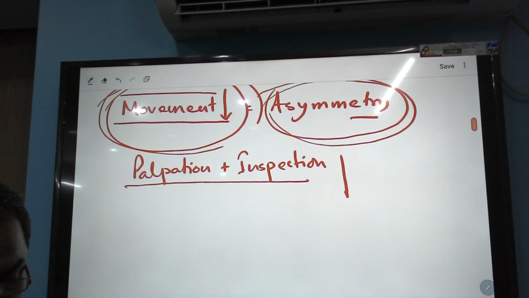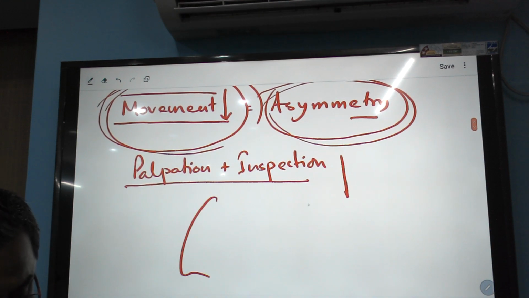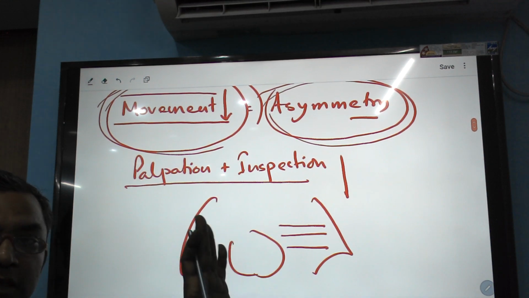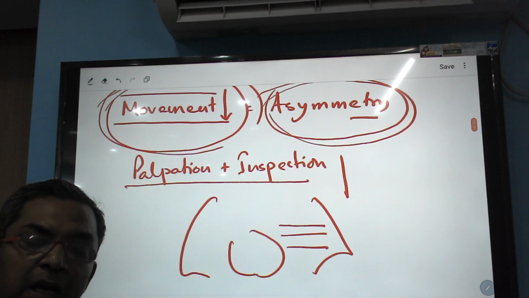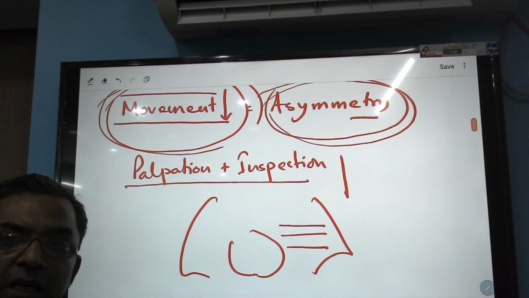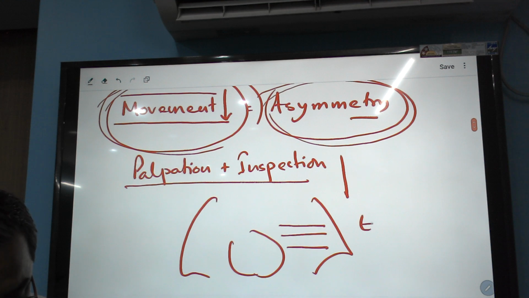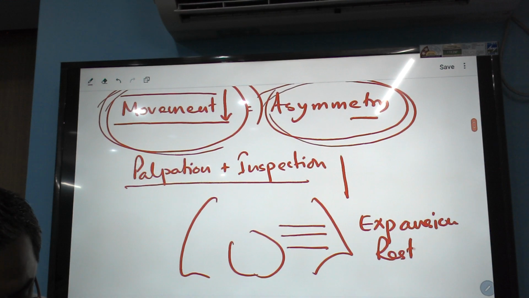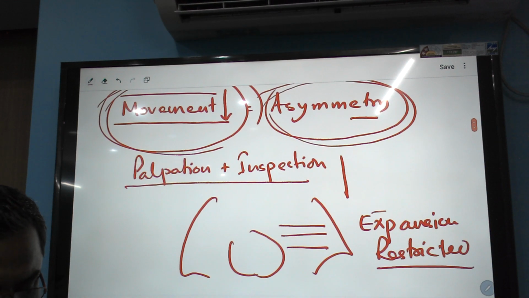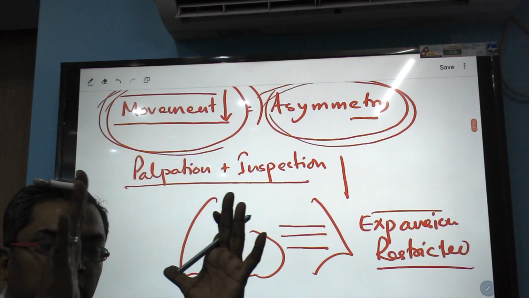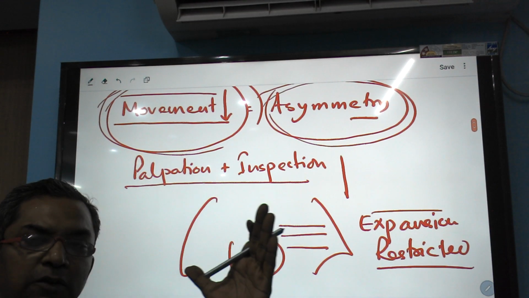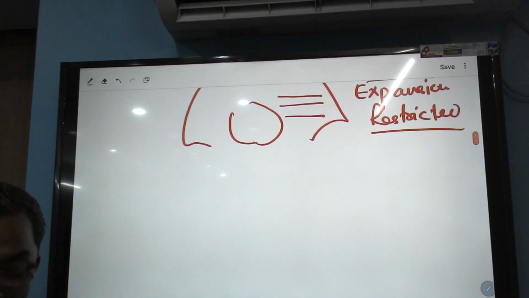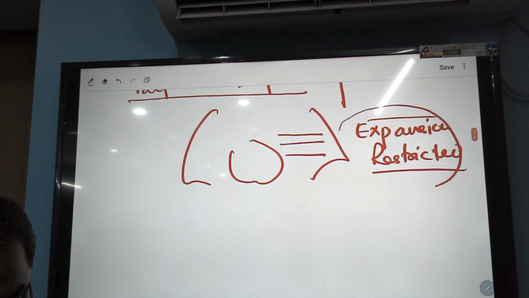The significance of this obviously is যে দিকটা কম মুভ করছে সেই লাংসটা, so যে half of the chest wall is moving less, সেই half of the chest wall এর underneath যে লাংসটা আছে সেই লাংয়ের expansion is restricted. কোনো কারণে লাংসটা properly expand করছে না, and therefore chest wallটার মুভমেন্টটা ভালো either দেখা যাচ্ছে না or হাতে ফিল করা যাচ্ছে না.